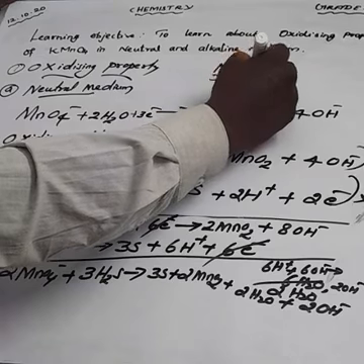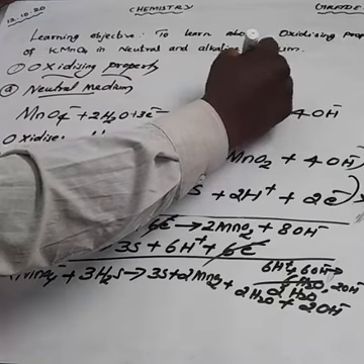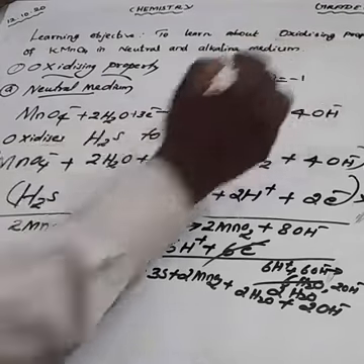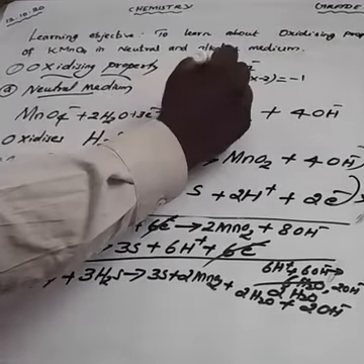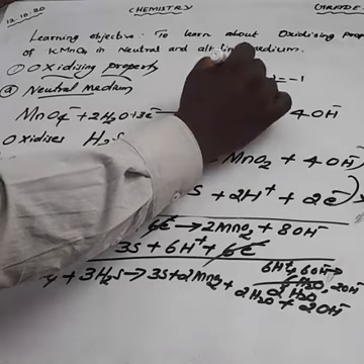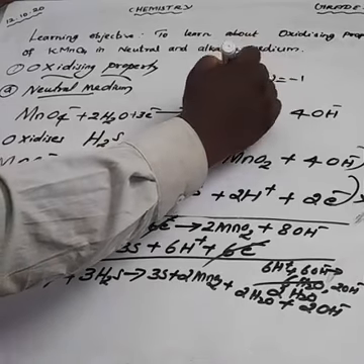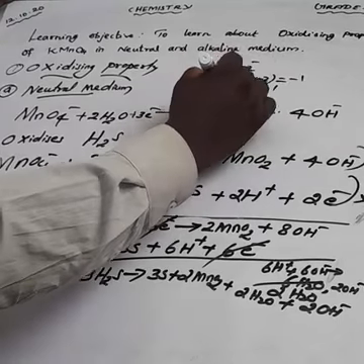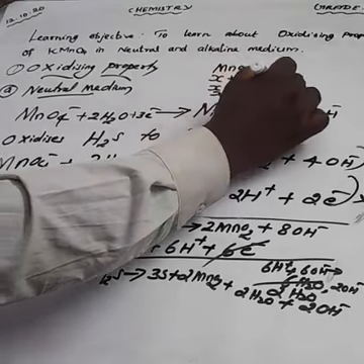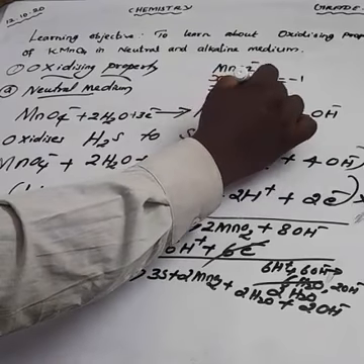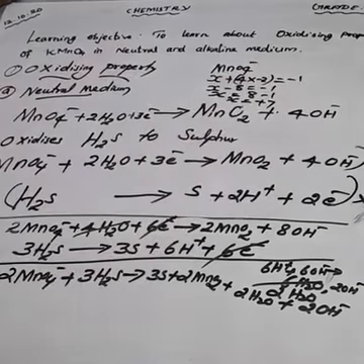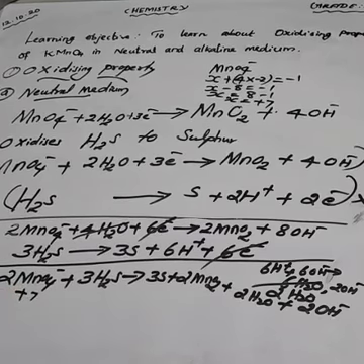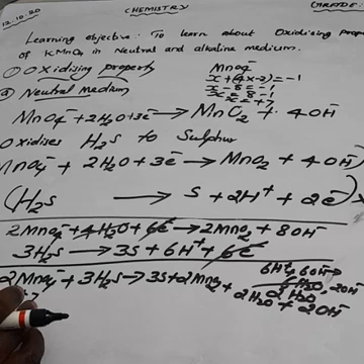So 4 into minus 2, equal to the charge, which is minus 1. That is X plus 4 into minus 2, which is minus 8, equal to minus 1. X equals 8 minus 1, so X is plus 7. So manganese in MnO4 minus has a plus 7 oxidation state.